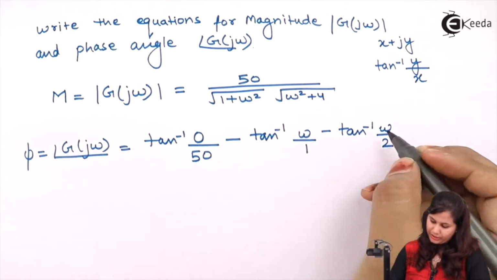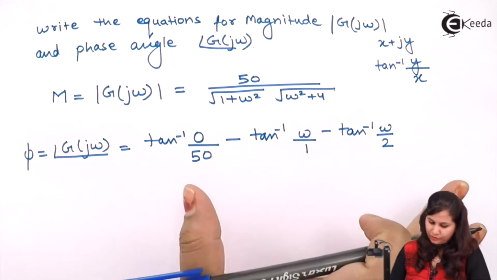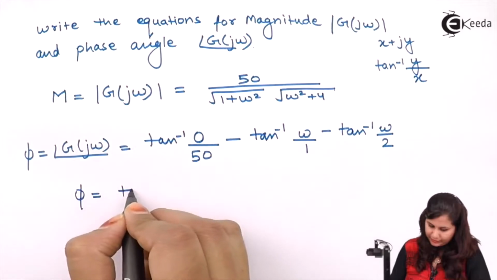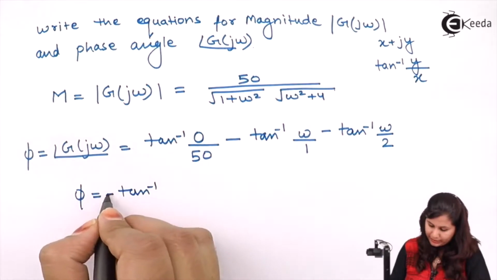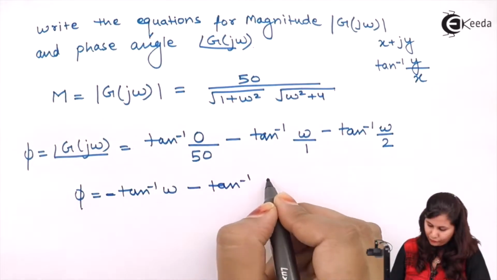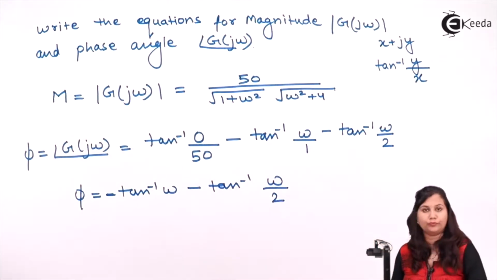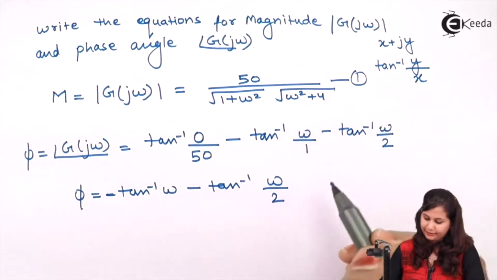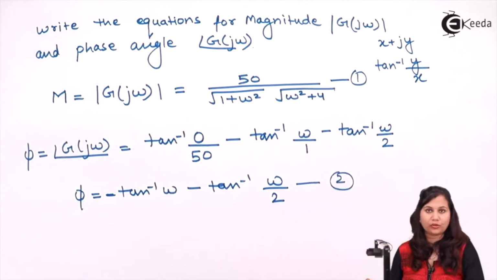Okay, so it is the phase angle of this function. So phi will become tan inverse 0 minus tan inverse of omega minus tan inverse of omega by 2. Okay, so we have obtained the magnitude and the angle conditions for this G(j omega).